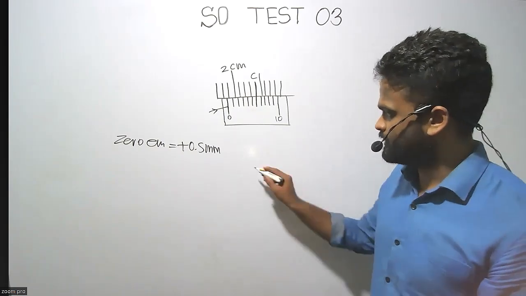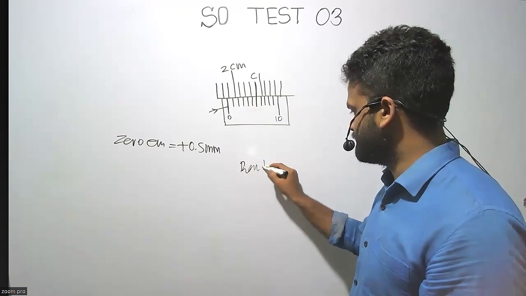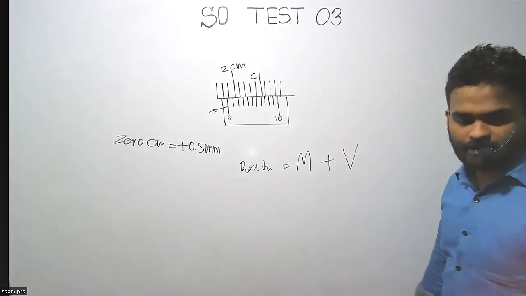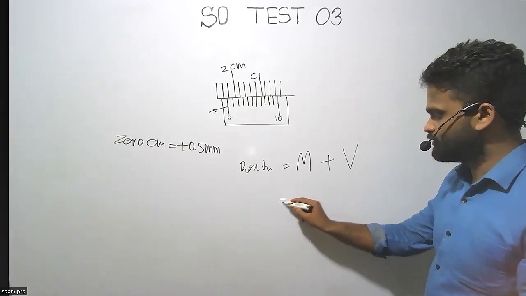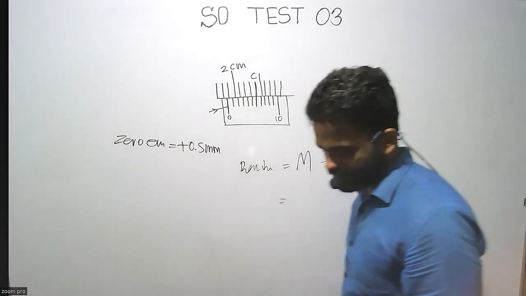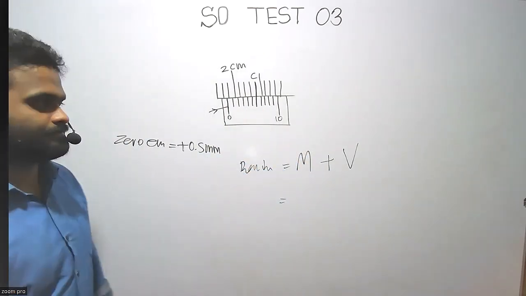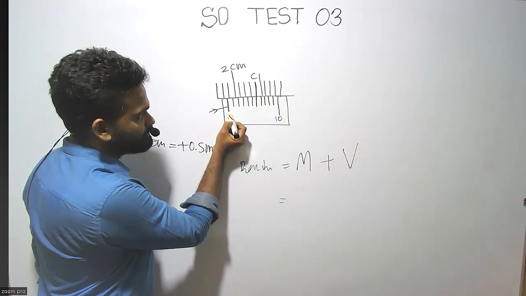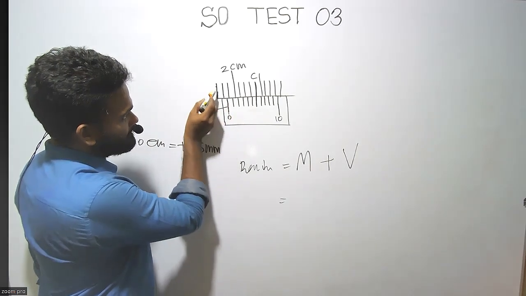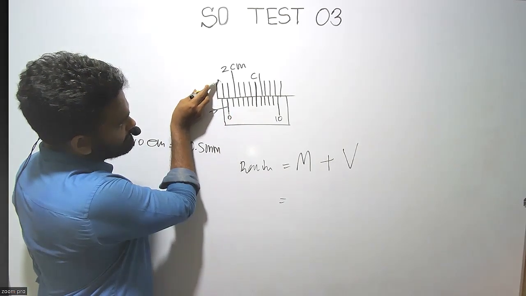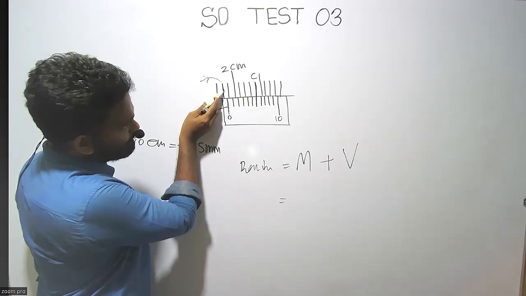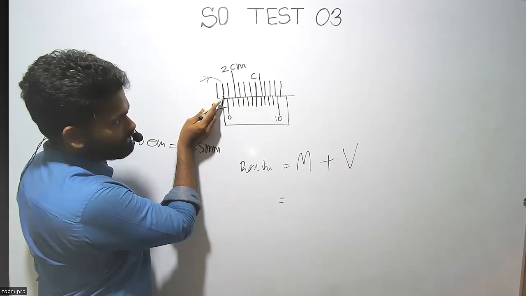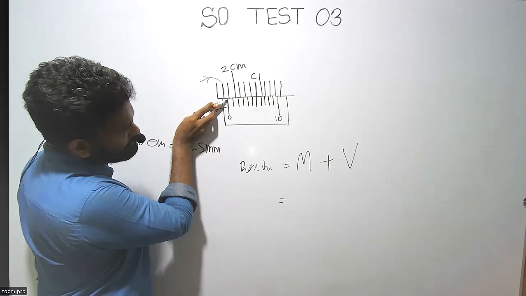So how do you find the reading? Reading is main scale reading plus vernier scale reading. Up to where can we get the reading from the main scale? We see the zero mark of the vernier. I think we can take readings from the main scale up to this point, not this point, this point.